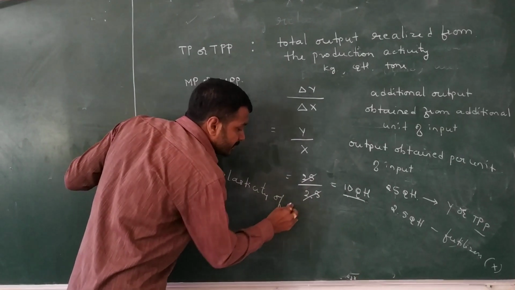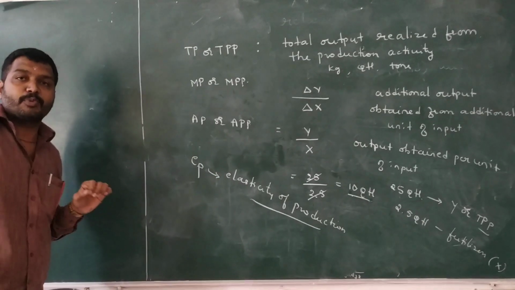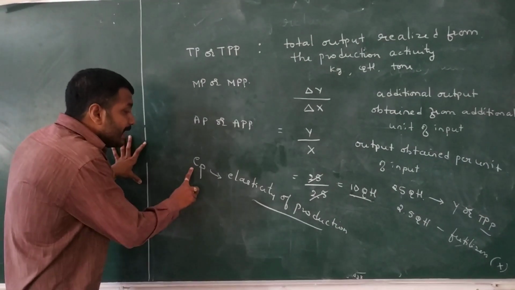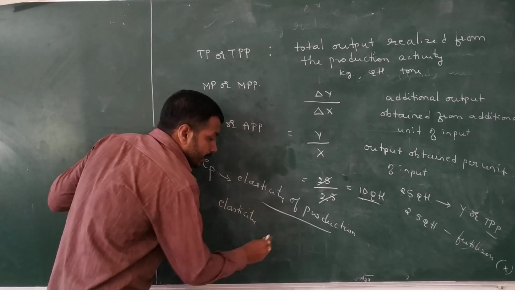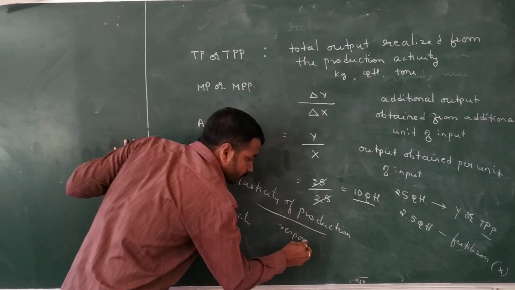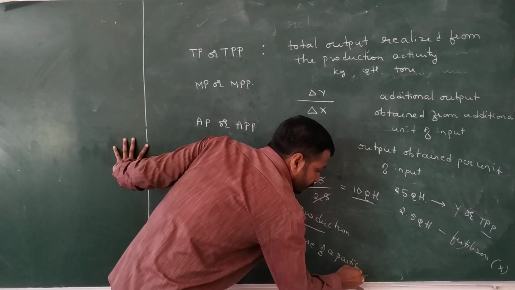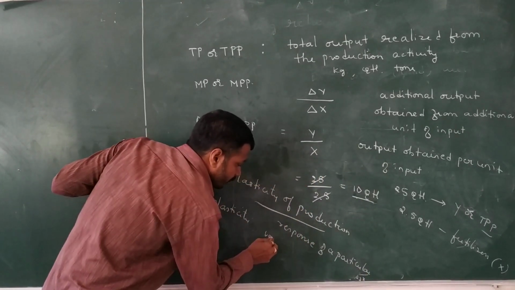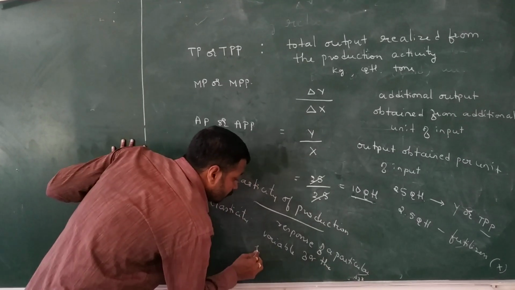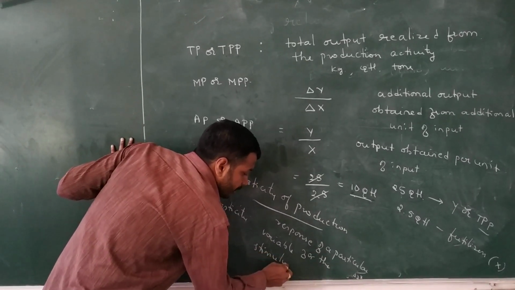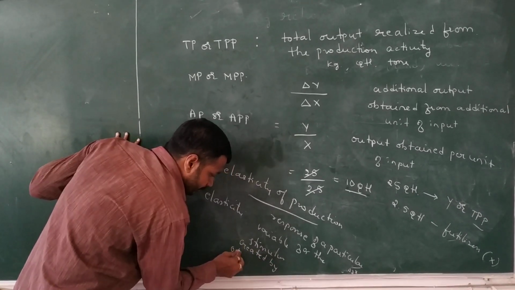Elasticity of production means, okay, you need to understand what elasticity of production refers to. Elasticity usually stands for the response of a particular variable to the stimulus created by another variable.